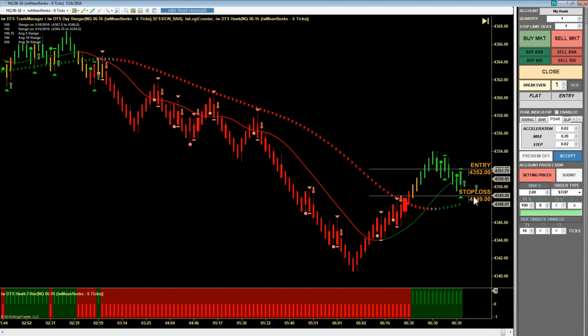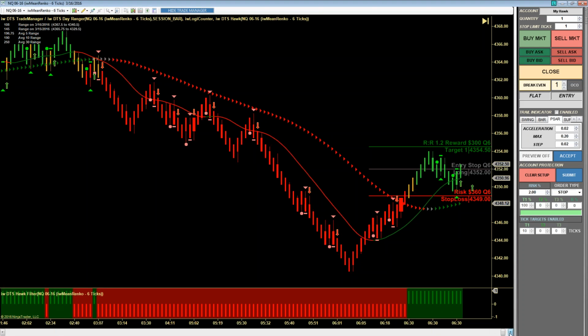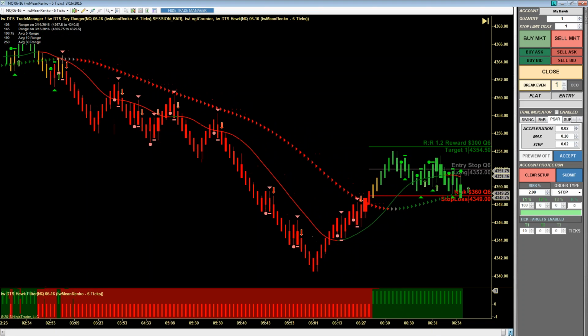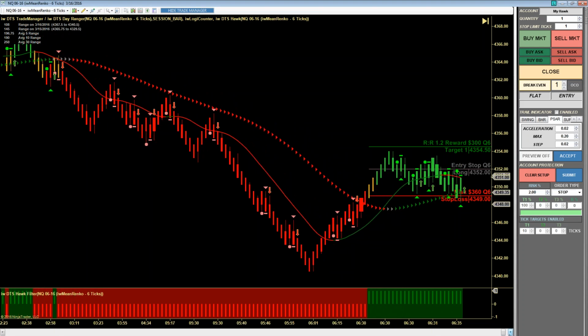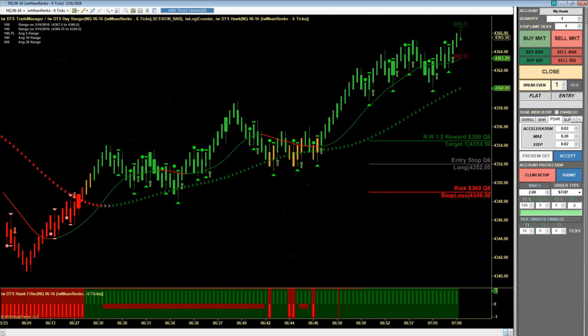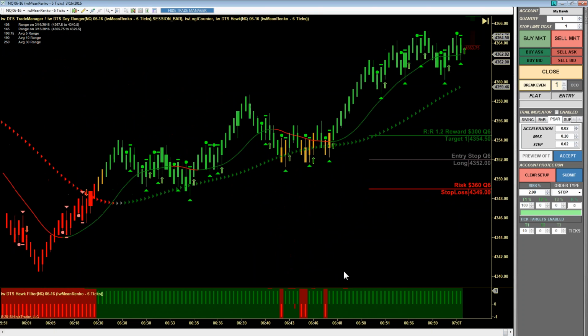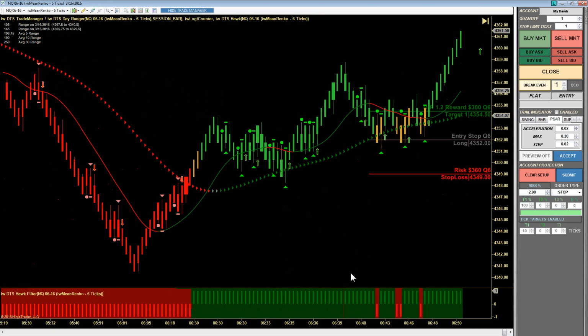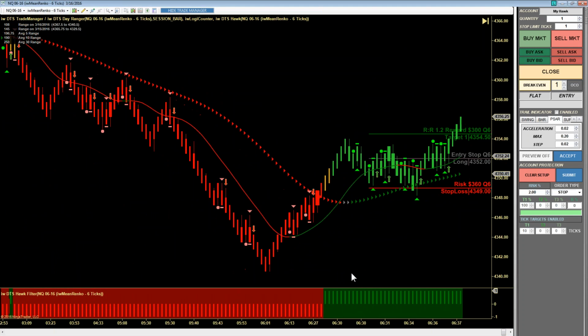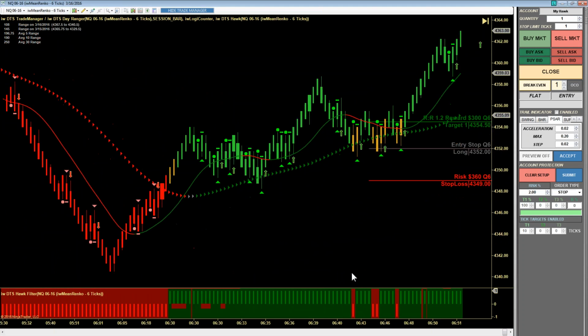So what you do is you jam your stop in really, really tight. But what ends up happening? Well, the market brings you in and then it reverses on you a little bit and takes you out and then goes up and hits your profit target. Oops, sorry, went a little bit too far there. It goes up and hits your profit target and very often goes much further.